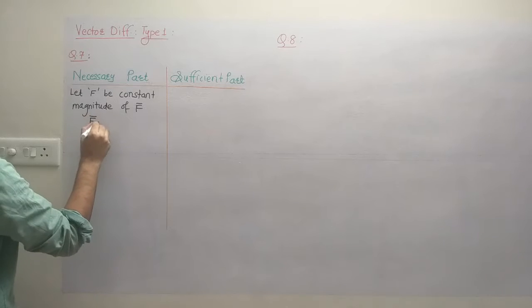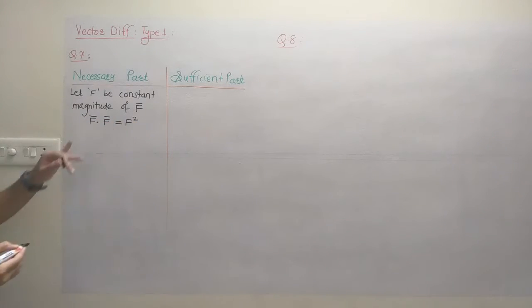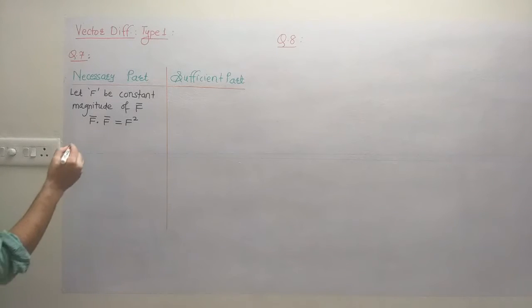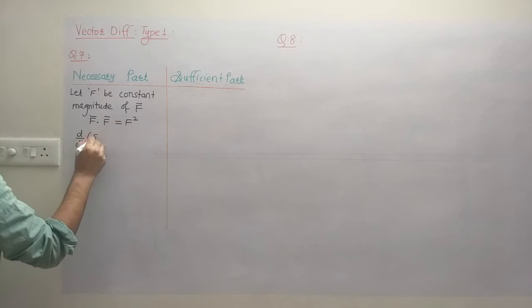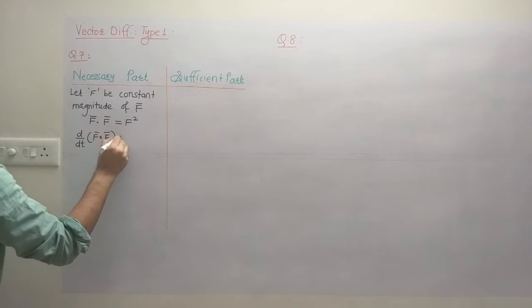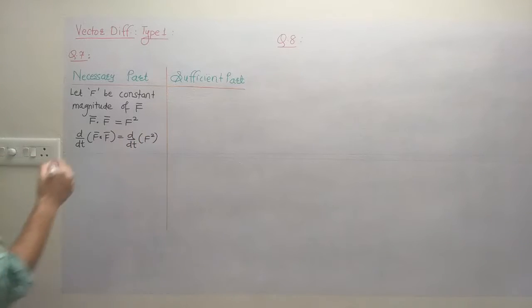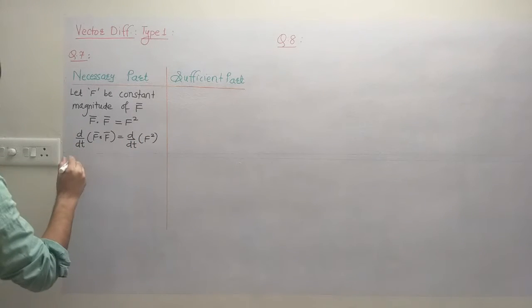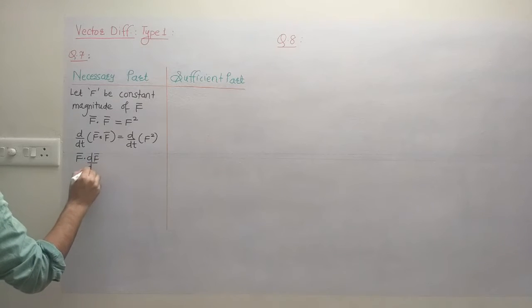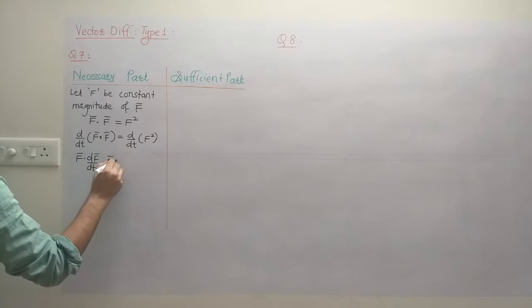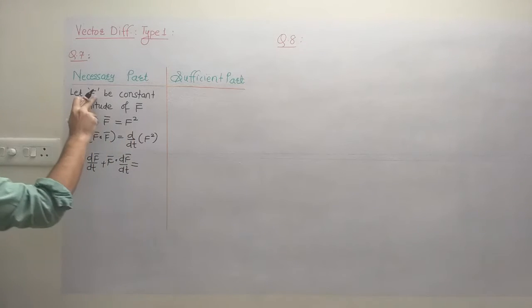Now f bar dot f bar is equal to f square. You know this. Now I take derivative on both sides. So d by dt of f bar dot f bar is equal to d by dt of f square. This is the UV rule: f bar dot derivative of f bar plus f bar dot derivative of f bar is equal to, f is constant, no?